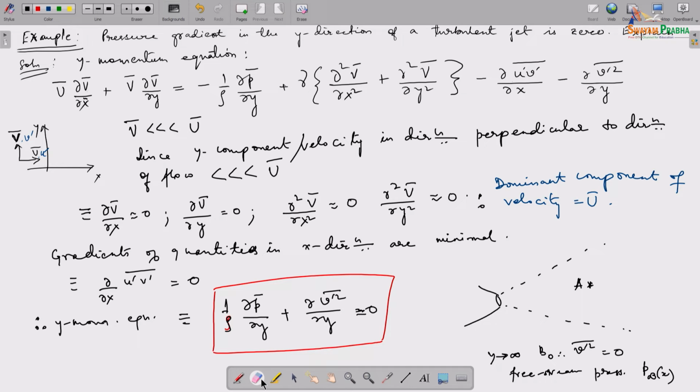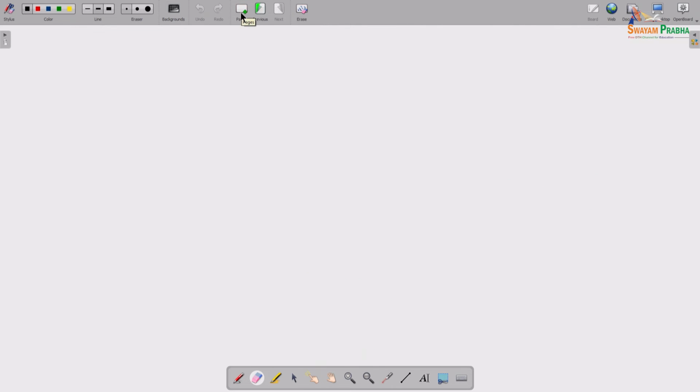I'm going to represent B by a circle, that's all. So I'm going to integrate now between the two points.